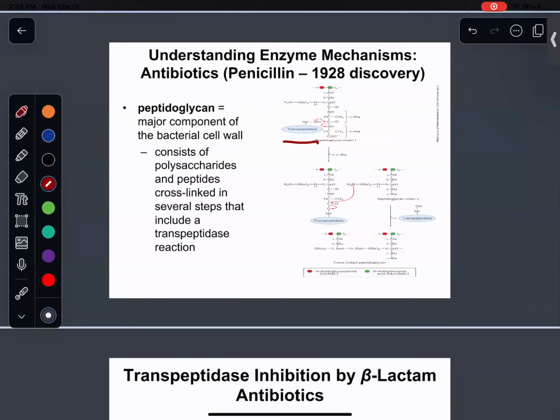The bacteria will lyse, and the fewer bacteria we have, the better shape we're in, right? Long story short, penicillins work by targeting enzymes like transpeptidases, and they help to stop bacterial colonies from growing.